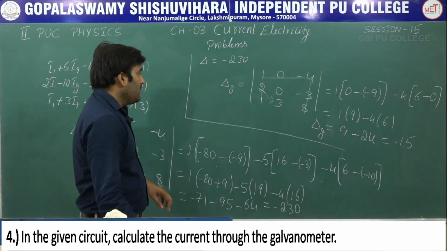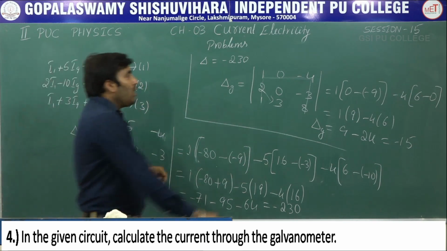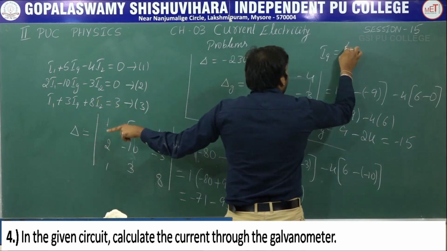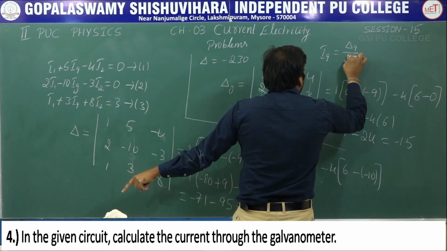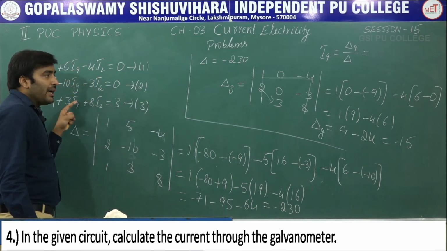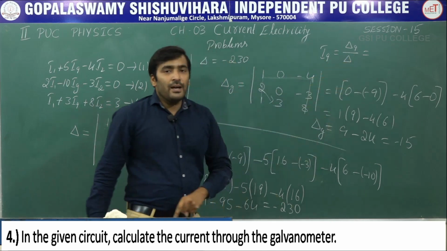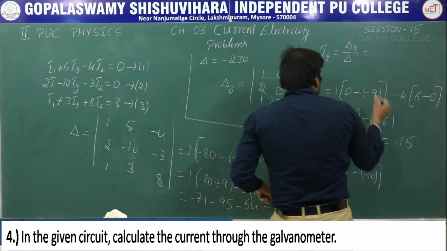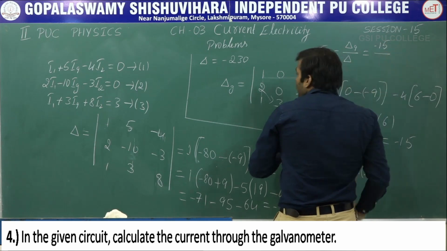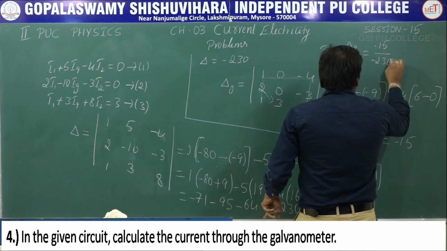So we got delta G. Now in order to find this Ig, the formula is Ig equal to delta G divided by delta. So delta G is minus 15 and delta is minus 230.